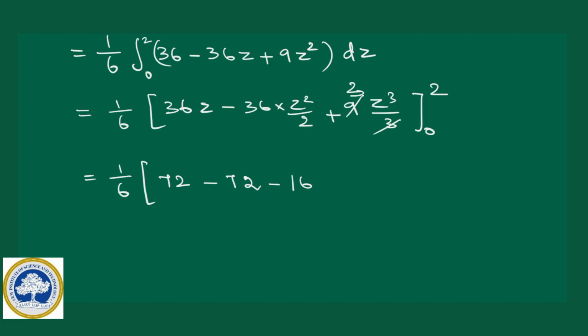Sorry, this is 3. So 8 into 3 is 24. If you cancel 9 by 3, it becomes 3. So this and this get cancelled. So plus 24. So finally 24 by 6. The answer is 4 cubic units. So this is the volume of the given tetrahedron using triple integration.